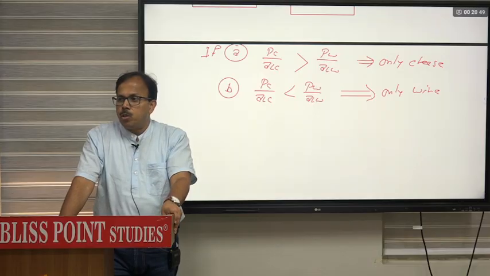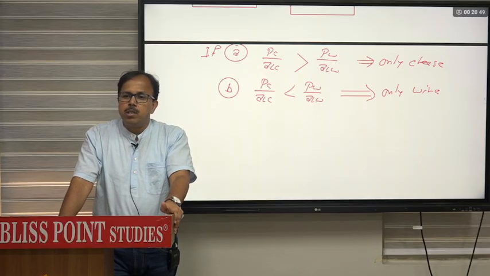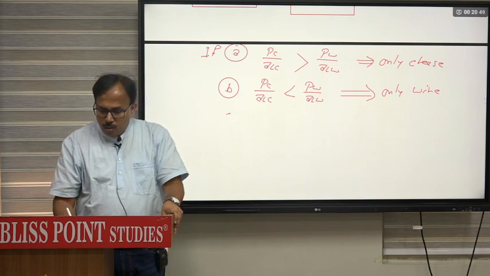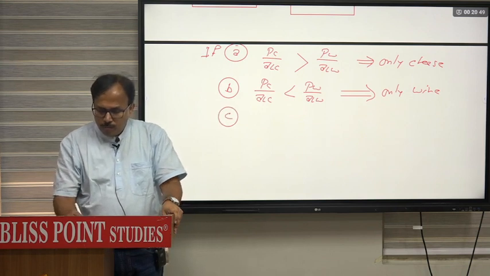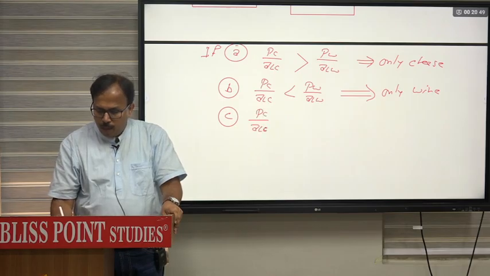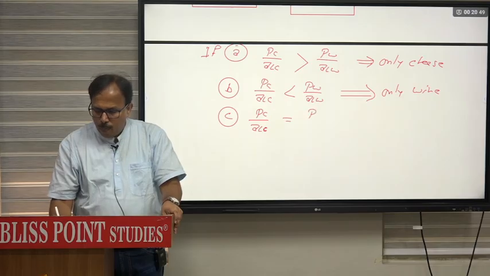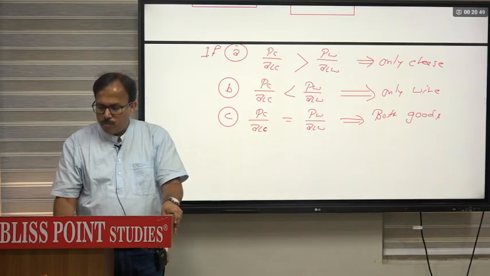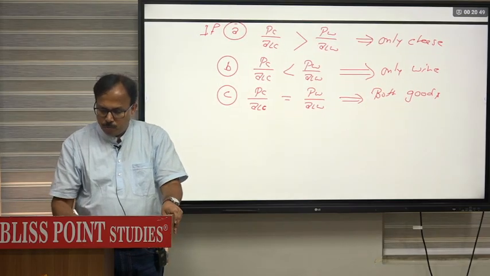Country can produce both the goods only when wages in both industries are the same. So third, if PC upon ALC is equal to PW upon ALW, in that case economy or country can produce both goods.